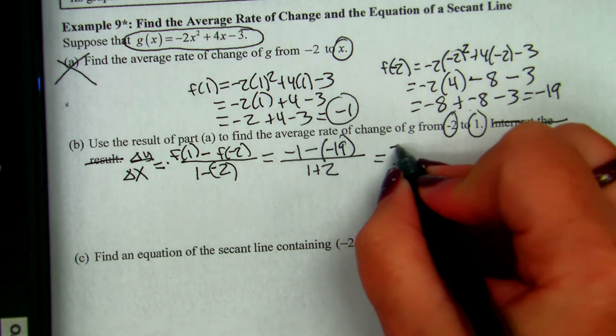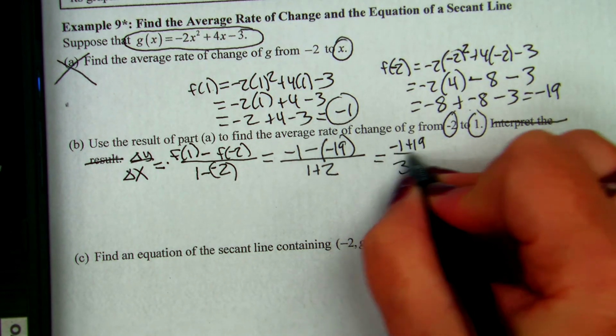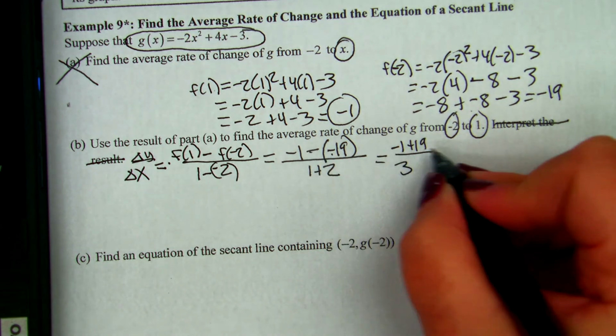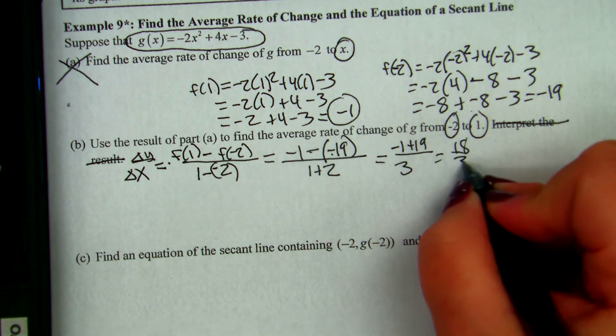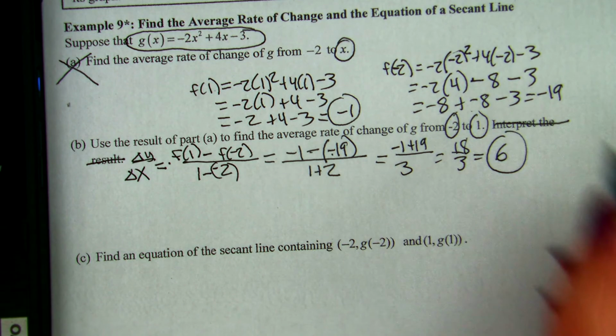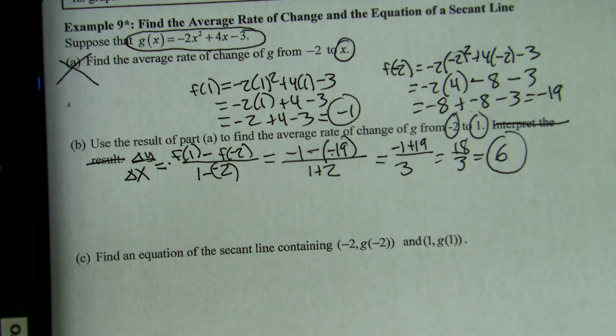And this is -1 plus 19, because minus and minus is a plus. So 18 over 3 is 6. That's the average rate of change. So the slope of the line is 6.